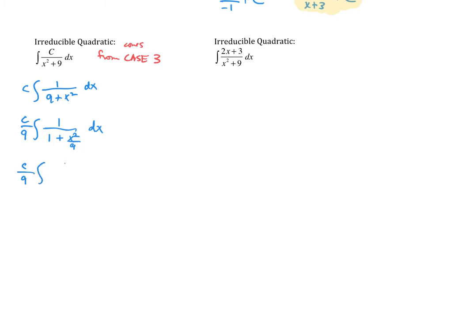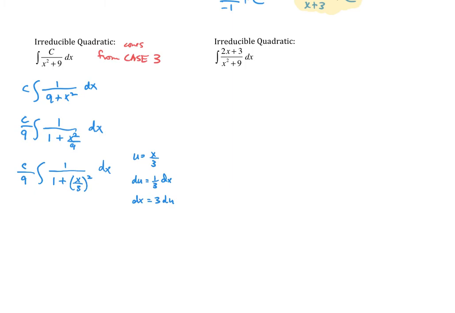I'm going to write this as 1 over 1 plus x over 3 squared dx. So once I write it like this, I definitely want to make another u substitution. So we'll have u equal to x over 3. This makes du equal to 1/3 dx, which makes dx equal to 3 du.